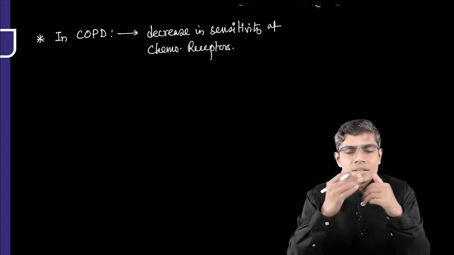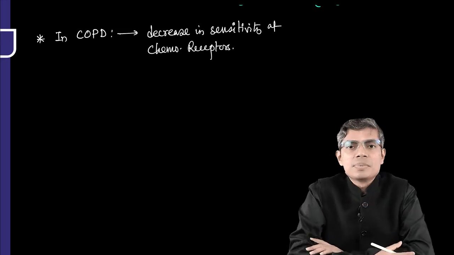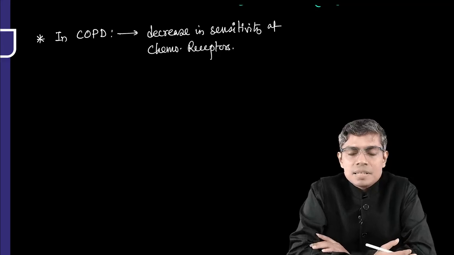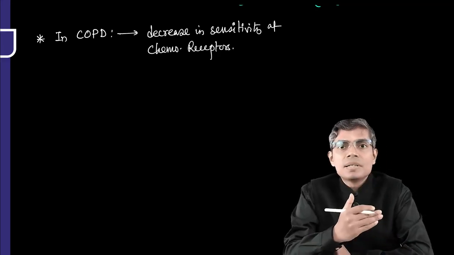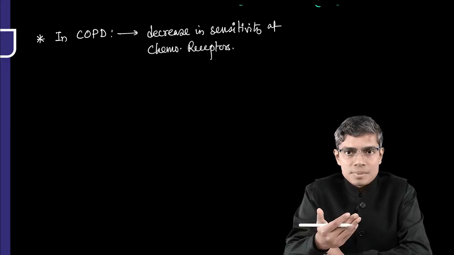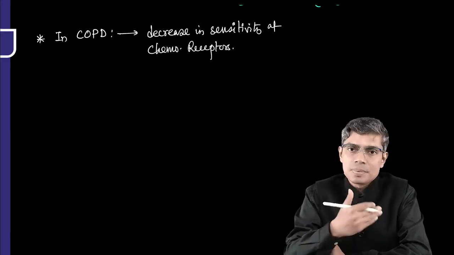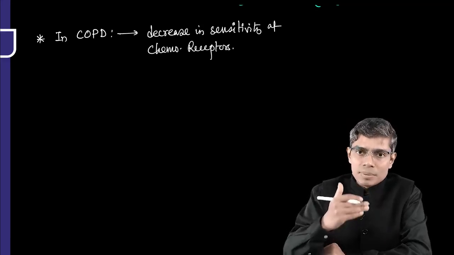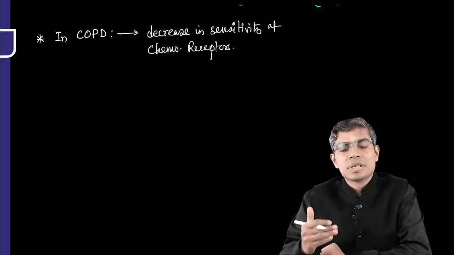So what will happen in case of an emphysema patient or a COPD patient? Because of this decreased sensitivity, carbon dioxide will not be able to stimulate the peripheral chemoreceptor because the sensitivity of the receptor is decreased. So gradually the carbon dioxide will accumulate in patients.